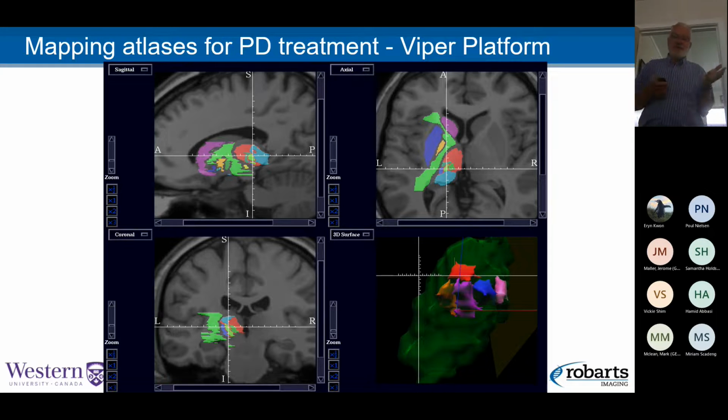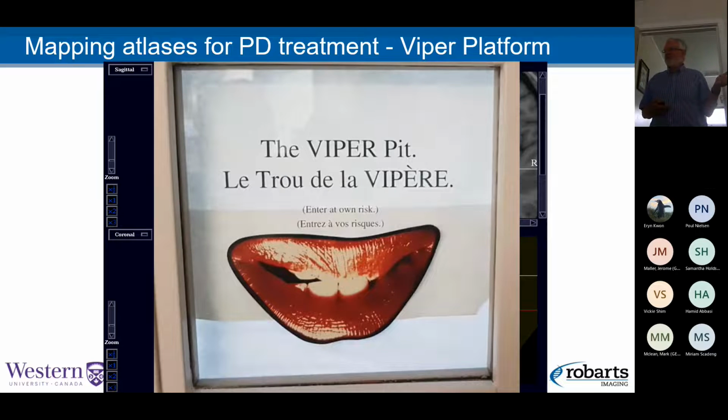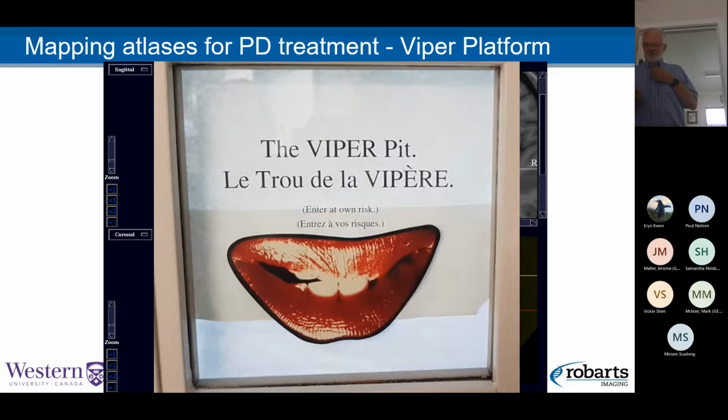And so we built up this so-called Viper platform for helping the neurosurgeons locate structures in the brain, like the thalamus and the globus pallidus, which are targets for electrode placement. I went back to the MNI a couple of years ago, and the Viper pit, the Trou de la Vipère, was still there. My old lab was still functioning 25 years later, and it was still called the Viper pit.